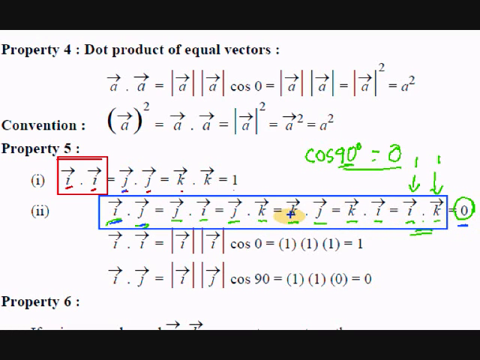By default, when you see two different things, remember the value is going to be 0. That is the trick to remember. That is property 5. This is the reason explained here. i dot i equals 1 into 1 into 1. i dot j is cos 90, 1 into 1 into 0. So that is the property.